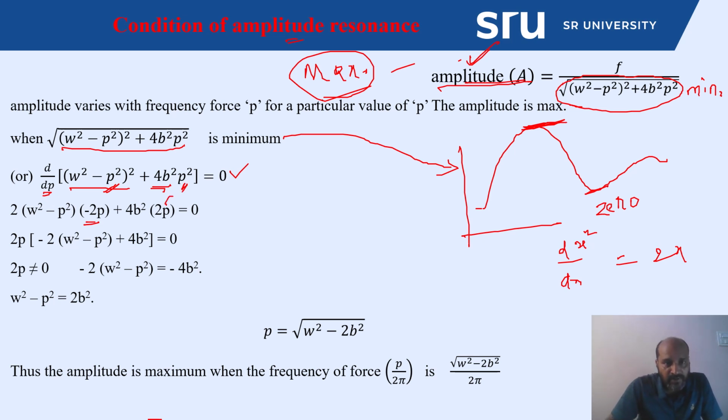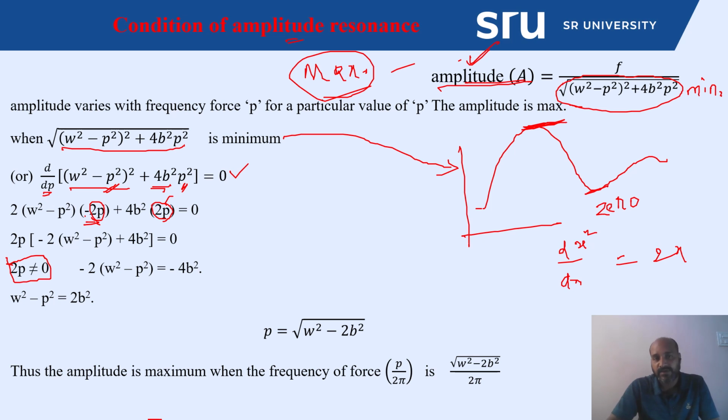If you observe here, 2p is common in both. Taking 2p common, we get minus 2 of (omega square minus p square) plus 4b square. And this 2p cannot be 0 because this is the frequency of the periodic force, which we are applying continuously.